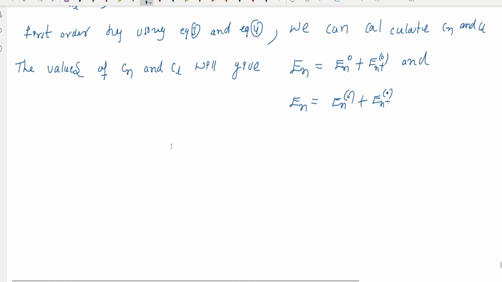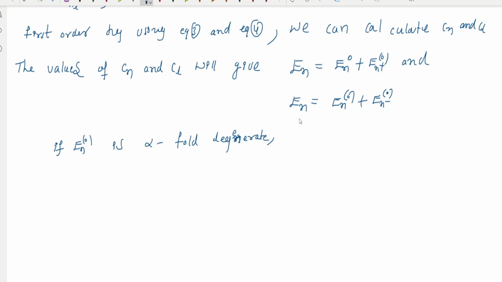Okay, if you want n-fold degeneracy, for example alpha-fold degeneracy, say this energy level is alpha-fold degenerate, then we can write the linear combination: Cn psi n^0 plus C2 psi 2^0 and so on, up to C alpha psi alpha^0.